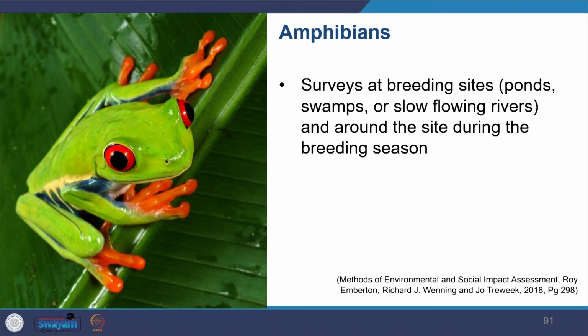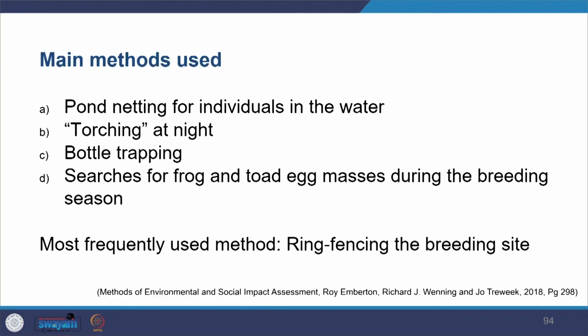There you can really see them, and you might try to take the samples in the breeding season. The main methods used are pond netting for individuals in water, torching at night, bottle trapping, and searches for frog and toad eggs, and so on. You can also use a combination of survey methods for this purpose.